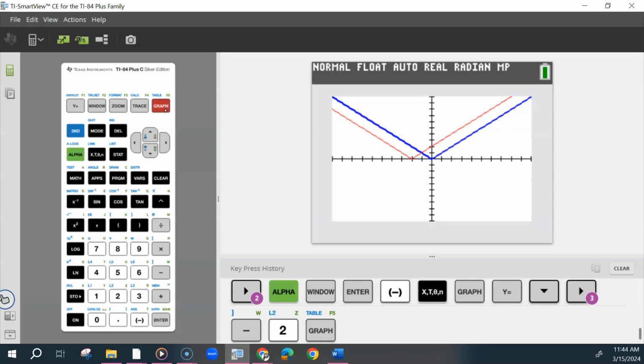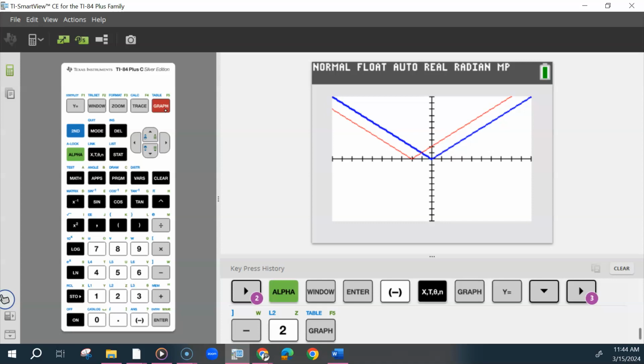Okay. If I'm just looking at this graph, it looks like it just moved to the left 2. But if I look at the equation, there's a negative in there. So what happened is it moved to the right 2, because that's what the x minus 2 would do, and then it flipped horizontally. But it's hard to see that unless you're looking at the equation. So really, it could be both.